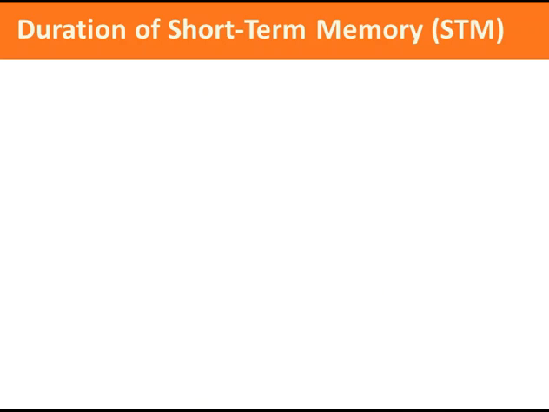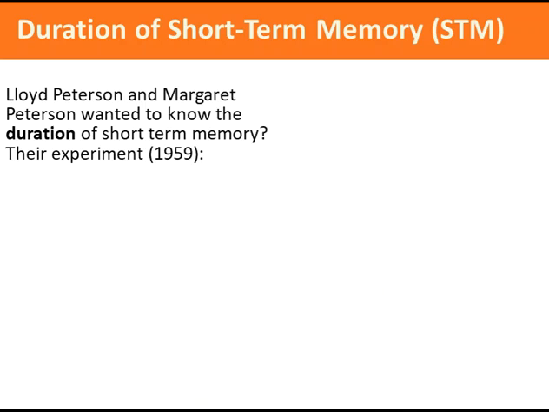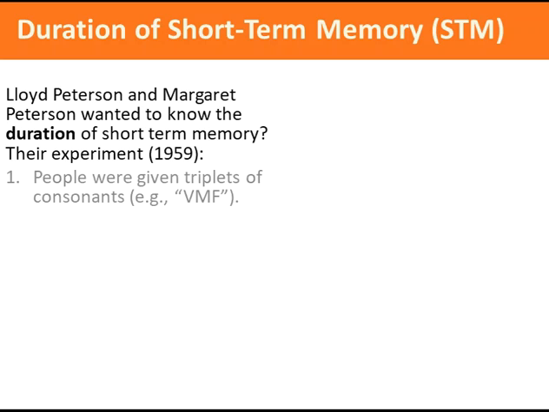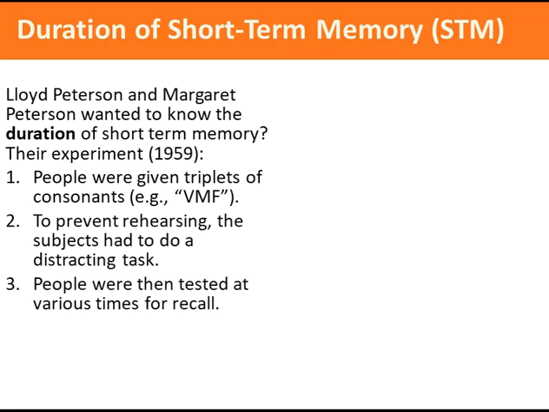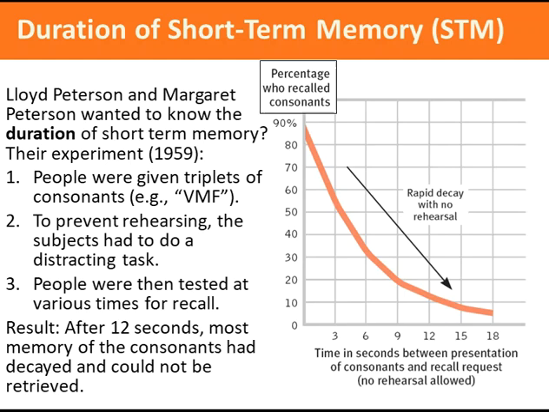So, the duration of short-term memory. Lloyd Peterson and Margaret Peterson wanted to know the duration of short-term memory in an experiment in 1959. People were given triplets of consonants, for example, VMF. To prevent rehearsing, the subject had to do a distracting task. People were then tested on various times for recall.